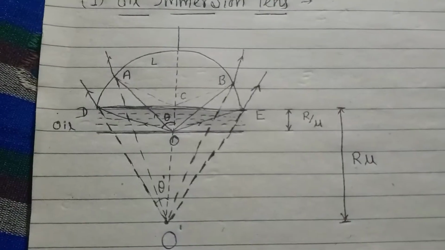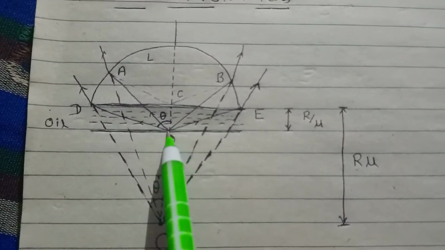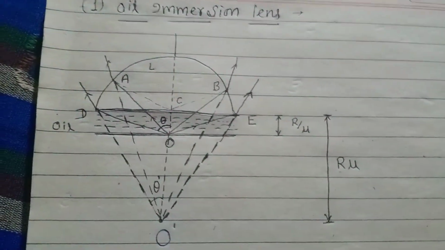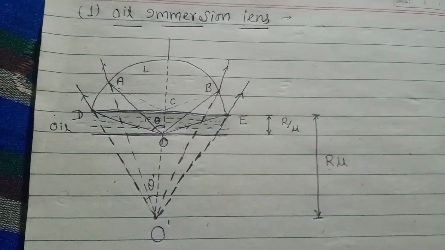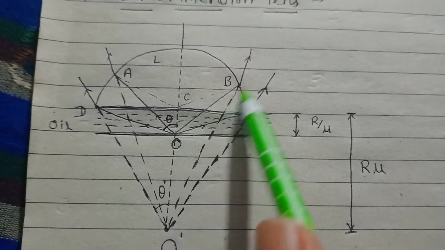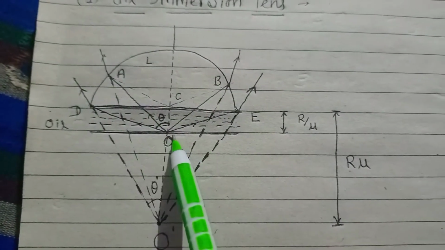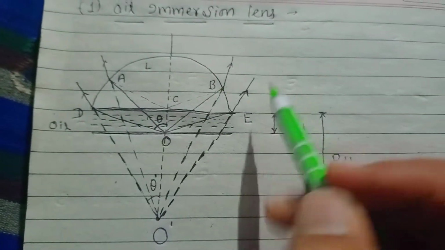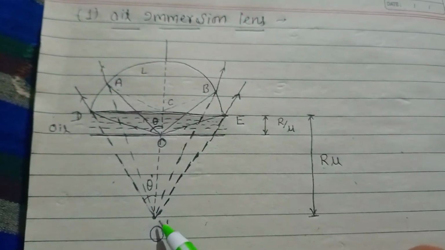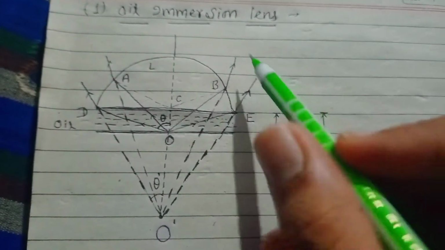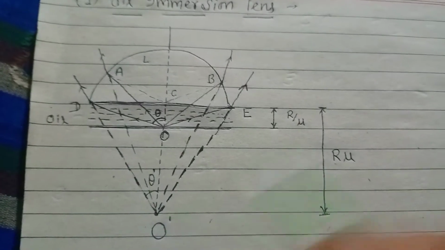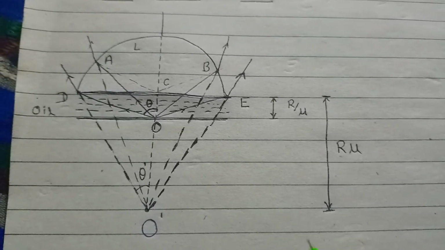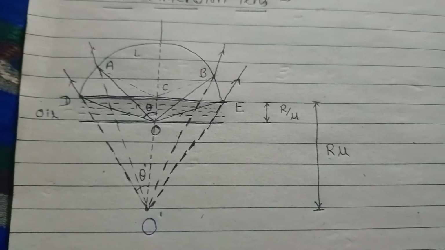Now at point O we have put an object, at a distance R by mu from the center of the hemispherical lens, and these are the rays passing from this object O. These rays after refraction appear to diverge from point O dash, meaning they make the image at point O dash, or we can say these rays appear to be imaged at O dash without any spherical aberration.